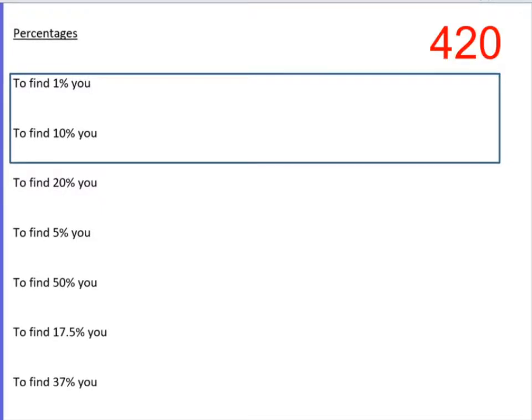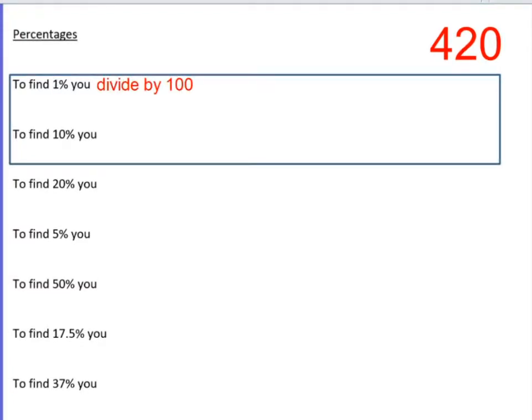To find 1% of anything, you divide it by 100. So if you do 420 divided by 100, you get 4.2. So 1% is 4.2.